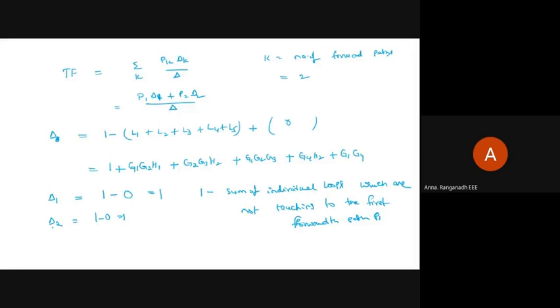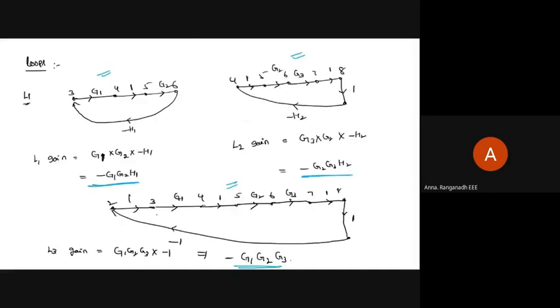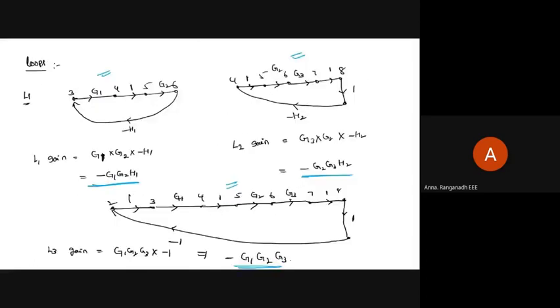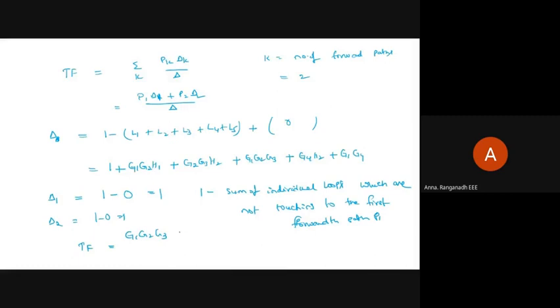So delta 1 is 1, delta 2 is 1, and delta we have obtained. Just substitute it. TF equals T1. What is the T1 formula? Here P1 is G1, G2, G3. P2 is nothing but G1, G4. So G1, G2, G3 into 1, plus G1, G4, by delta.